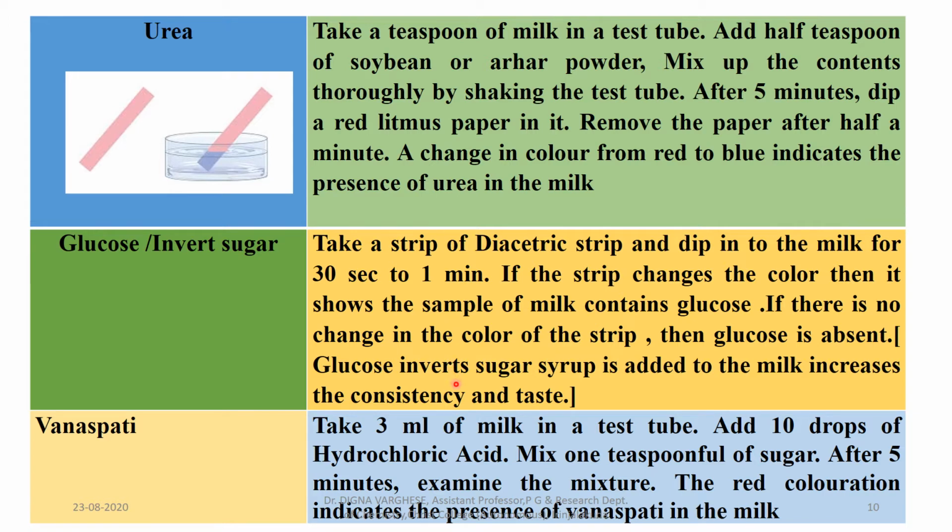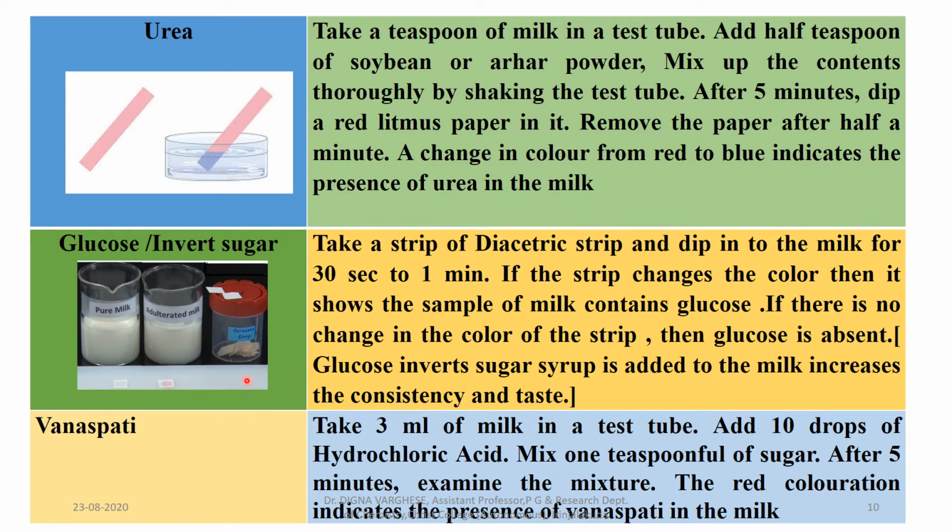Glucose or invert sugar syrup is added to the milk to increase the consistency and taste. If we are adding so many chemicals or so many adulterants to the pure milk, its sweetness will be lost. So invert sugar or glucose is added to the milk to increase its consistency as well as its taste.